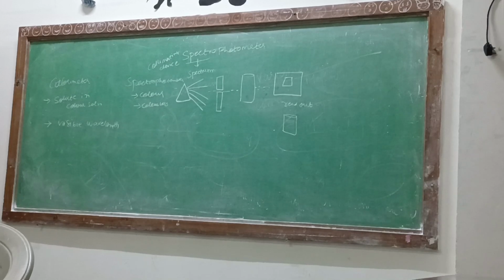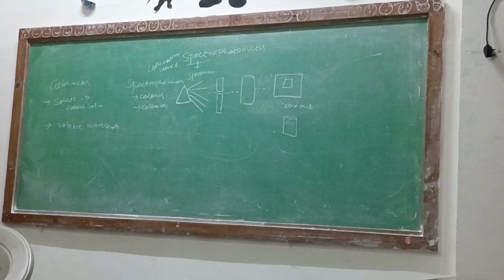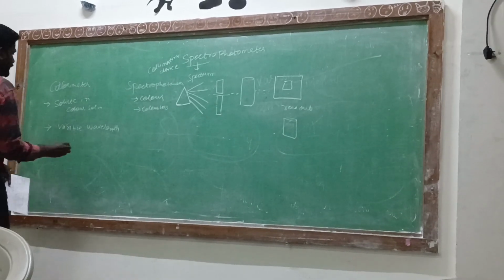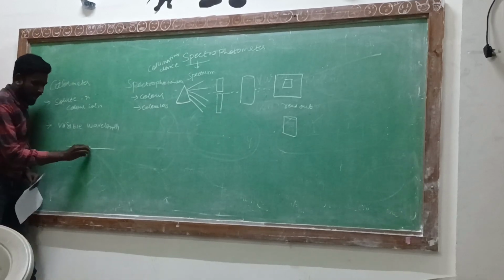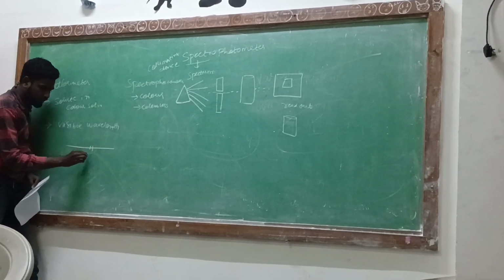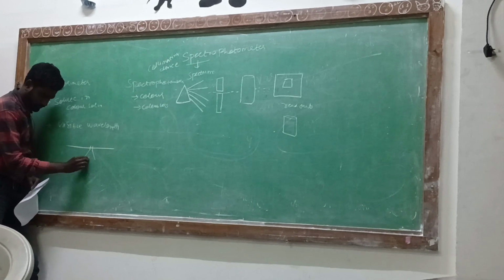If you see the spectrum scale, whatever the wavelengths are there, the part which can be visible is a very narrow part.